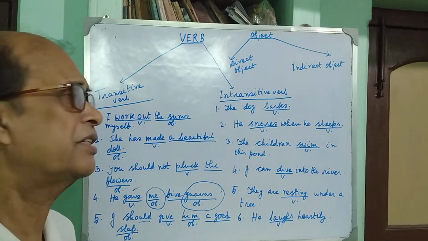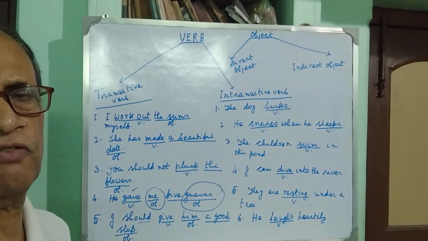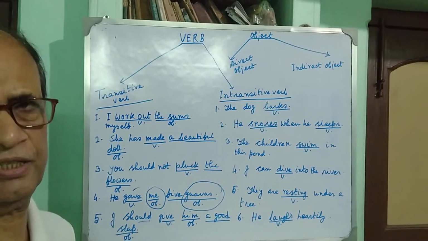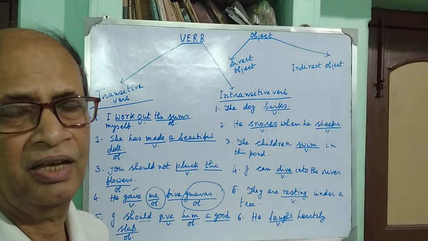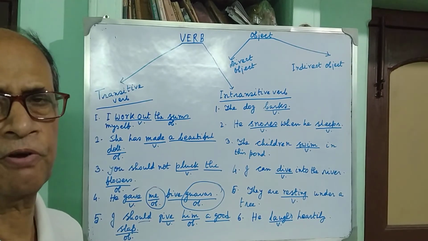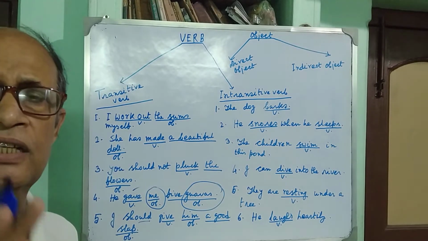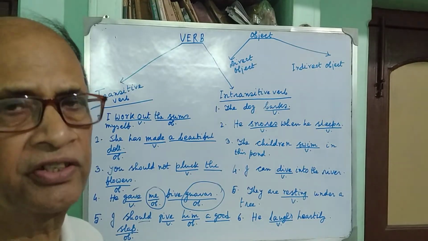Clear? And the next lesson is going to be change of voice from active to passive, because we need object just to change a sentence from active to passive voice.